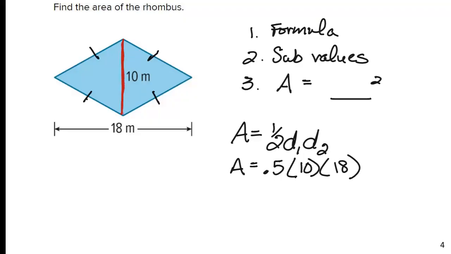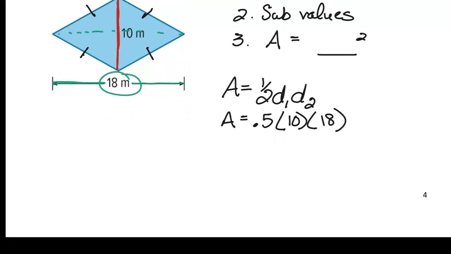This length is 18. If I put in that diagonal, it would go that entire distance. So 1/2 of 10 times 18, your answer should be 90 meters squared.